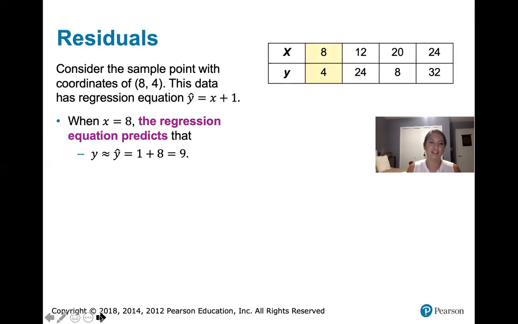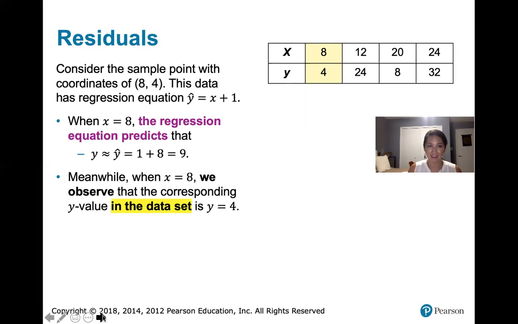So if X is equal to 8, and I want to know what the regression equation predicts, I just plug in X equals 8, and Y hat is 1 plus 8, or 9. So the regression equation is predicting that Y is equal to 9 when X equals 8.